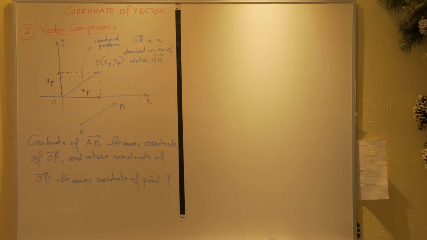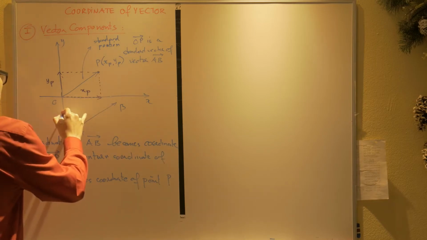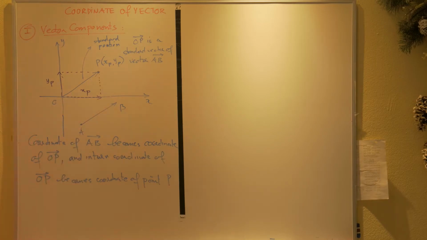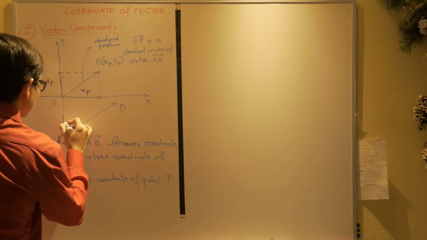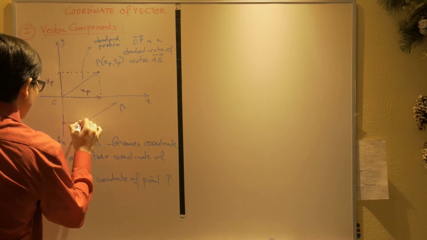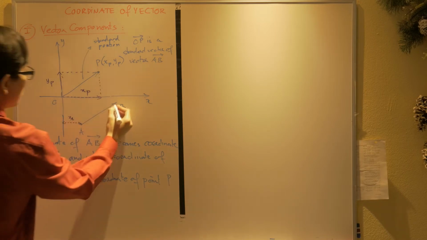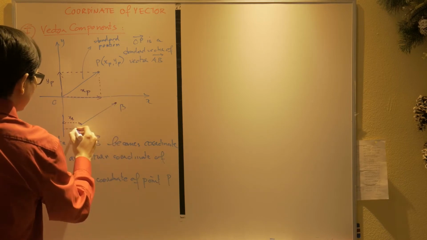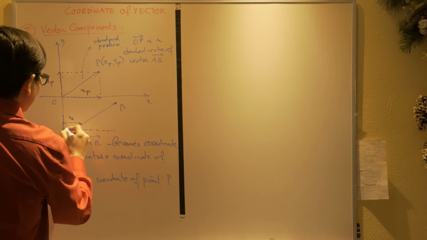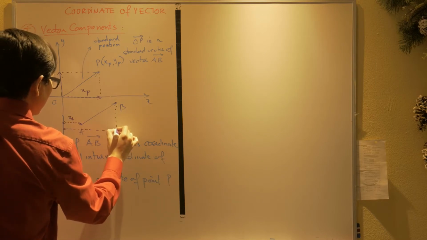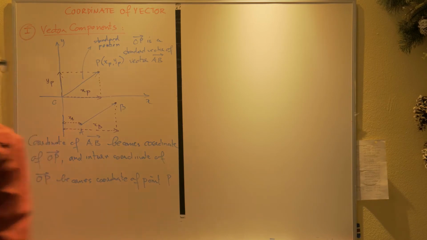Now let me draw this a little bit more. Let me elongate this. The point A over here also has coordinates. The X component of point A is from here to here, I call that XA. The X component of point B is from here to here, I call that XB.